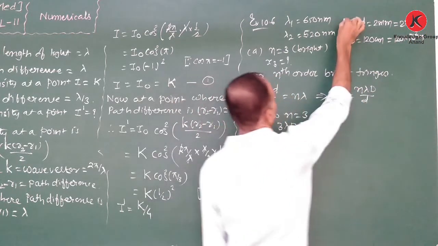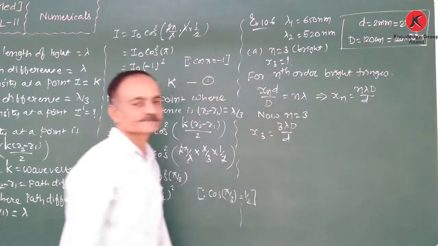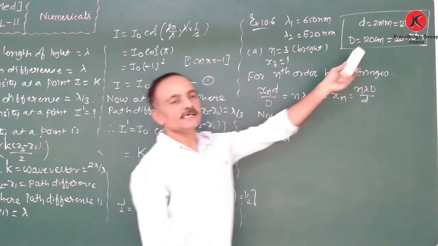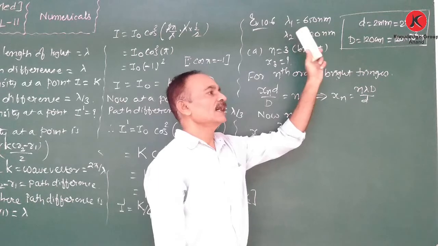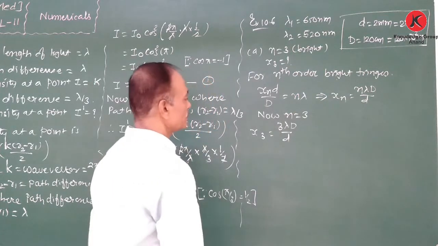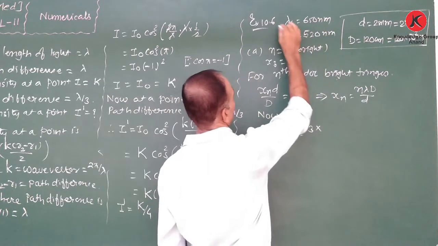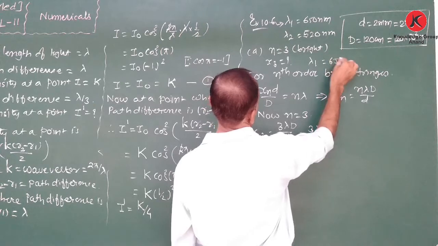So this value is not given numerically, we have to assume it. That is not printed in the textbook. To obtain the answer according to our textbook, we have to consider d and capital D as these values. Substitute here 3. For lambda 1 we use 650 nanometer.